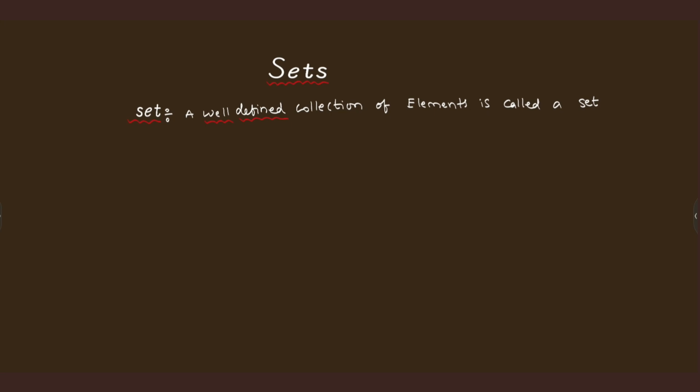Here in this topic, well-defined means the collection satisfies two conditions. The first condition: every element of the collection should have a common property.